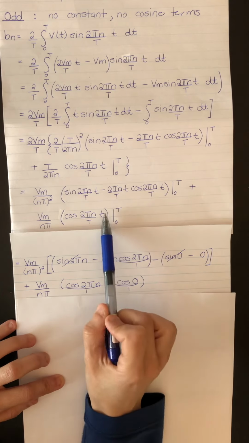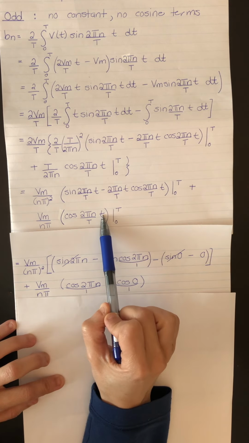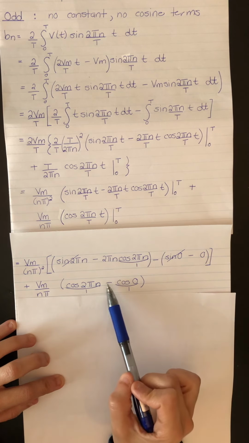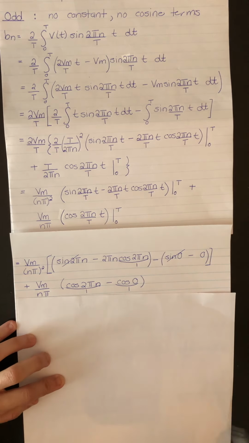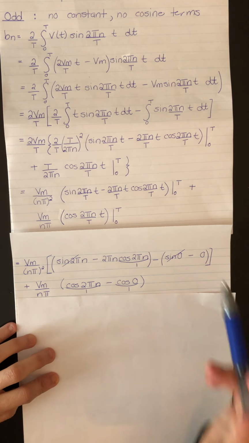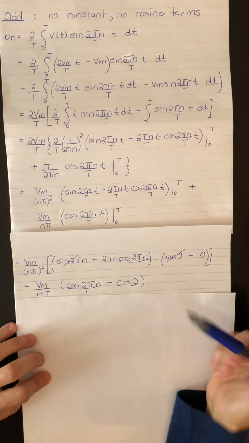And now we do that same treatment here. First, capital T comes in, giving us the cosine 2 pi n. Minus, now we put 0 in, we get the cosine of 0. All right, the sine of 0 is equal to 0.